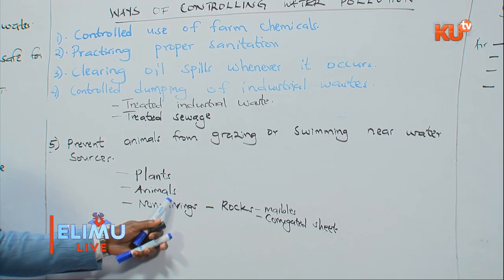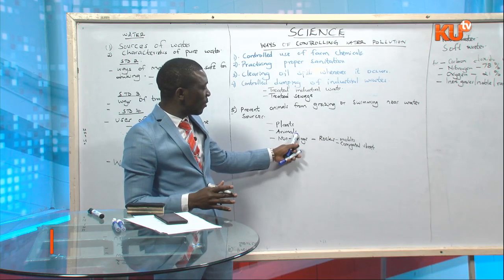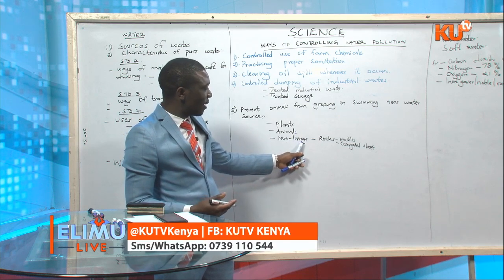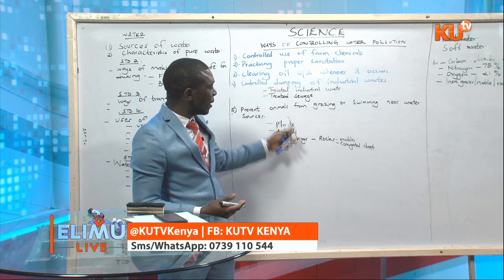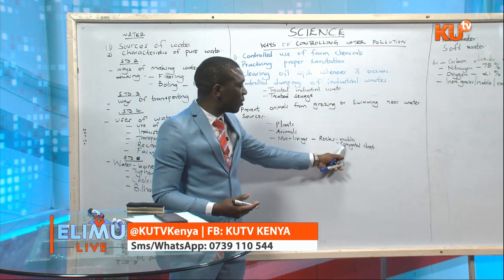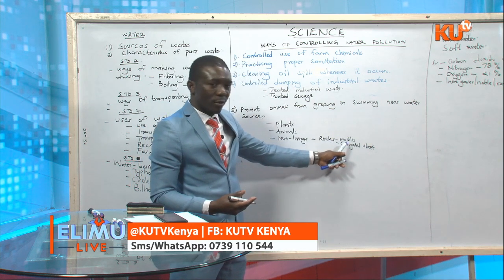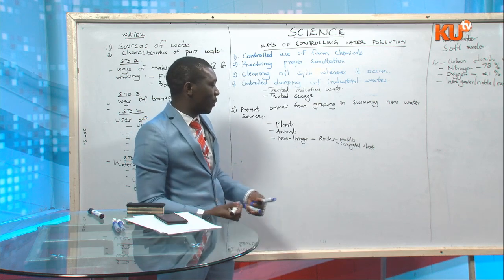When oil spillage occurs in them, it enables these animals not to get enough oxygen, so they die. Non-living things, let me go to acid rain. I said it destroys the corrugated iron sheets. It breaks the marbles, or they use the word weathering of rocks. It makes them break down.